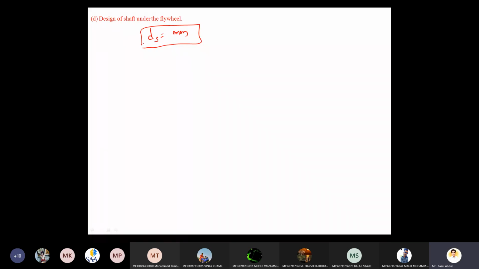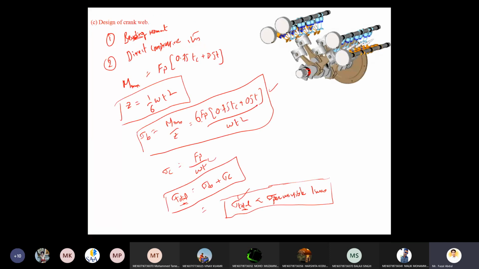To calculate this, first we have to see what type of stresses the shaft is subjected to. See here, this is the shaft. It is subjected to torsion, and because of this, a bending moment. This is a bending moment and this is a torsion. Two different criteria are generating.